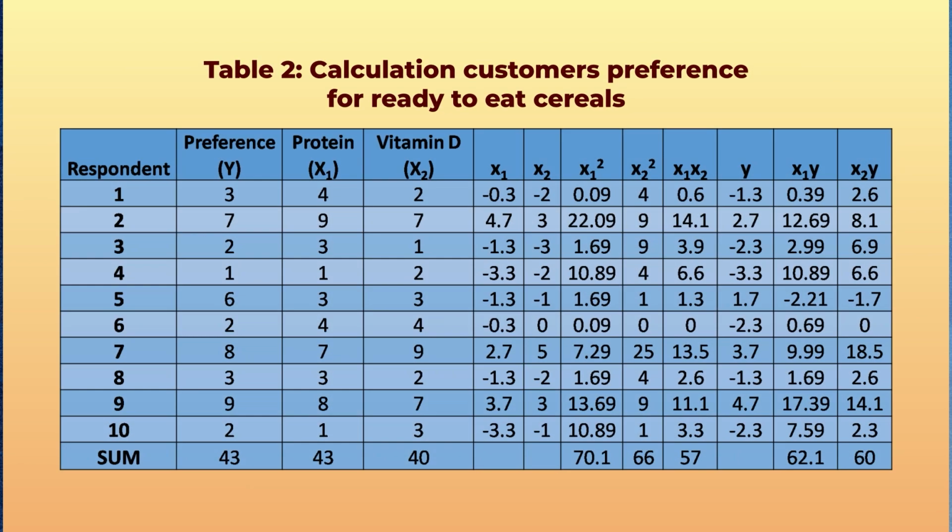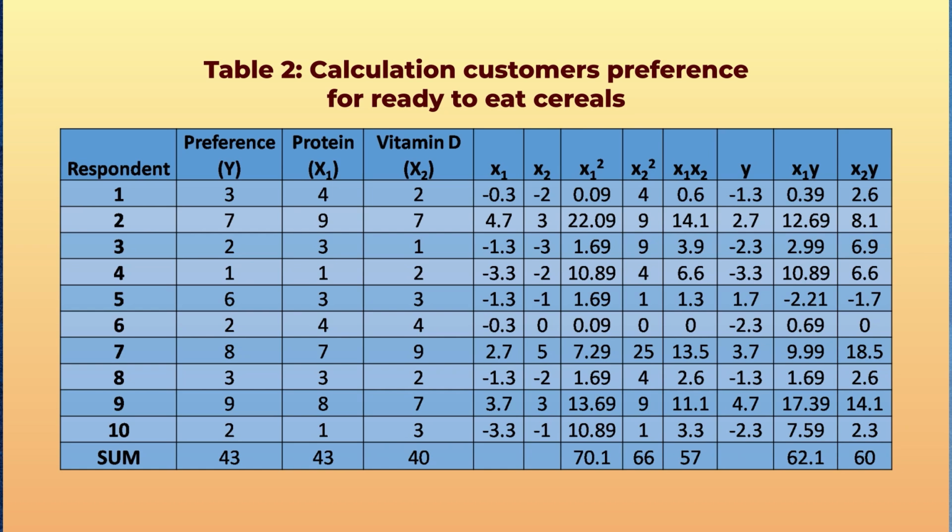Now, we can get the values of x1 and x2. So, x1 is equal to capital X1 minus x1 bar, and we get the value of x1. Similarly, we can get the values of x2 by subtracting x2 bar from X2.